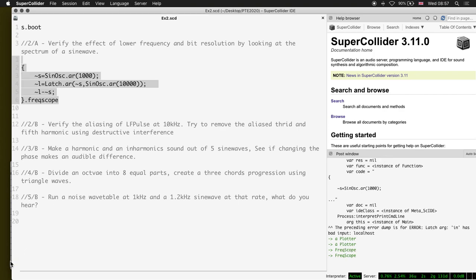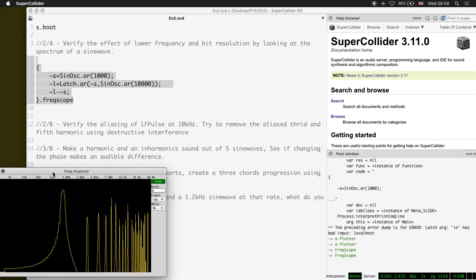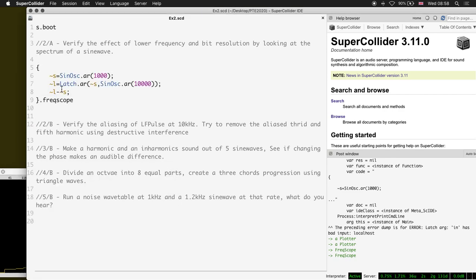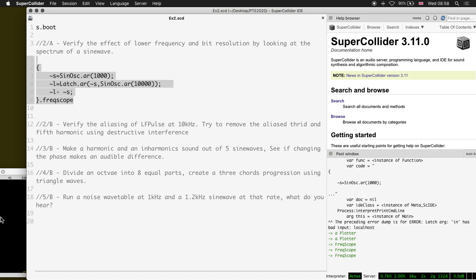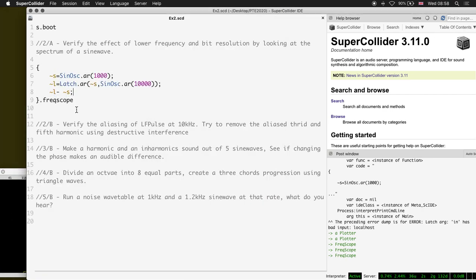So hopefully you're not totally annoyed by this sound. Oh, looks like that didn't quite work. I would have expected it to work if I subtract that sine from that. We're supposed to get the error signal, but it seems I'm still getting the sine wave.